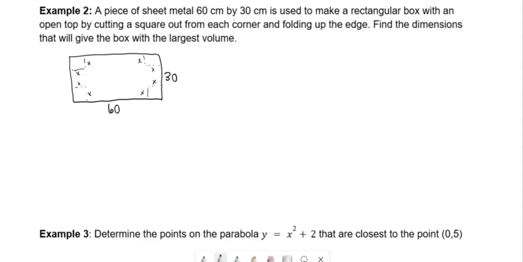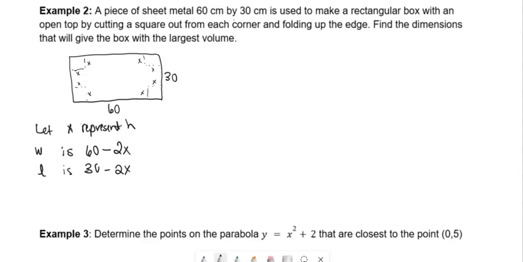So the dimensions of the box, let x represent height. The width is 60, take away the two heights, and the length is 30, take away the two heights.